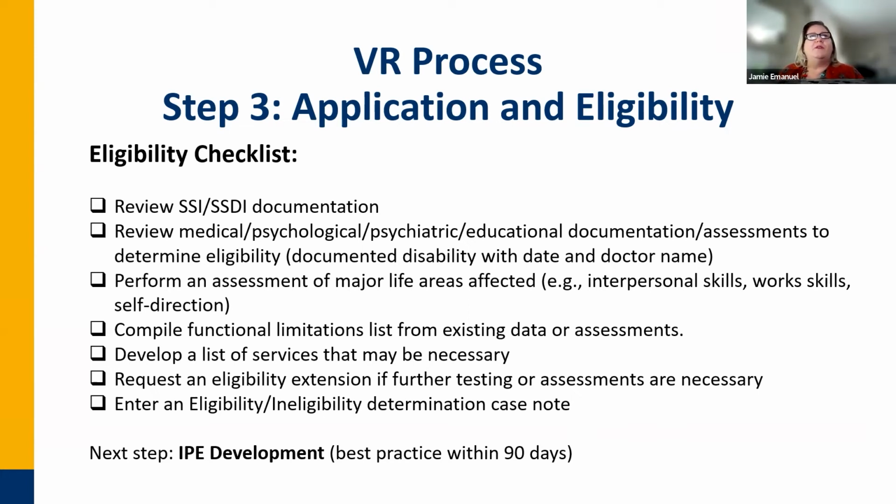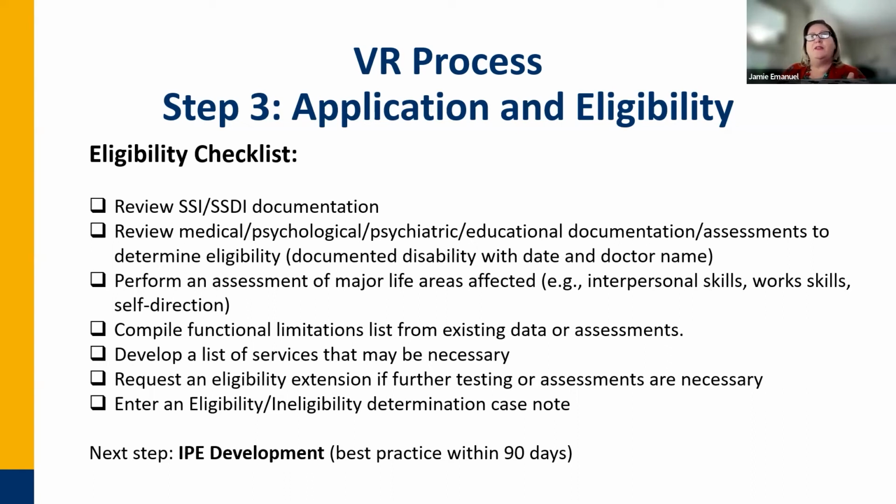Perform an assessment of major life areas affected. For example, you're going to assess this individual's interpersonal skills. Are they capable of holding a conversation or working with other individuals? What are their interpersonal skills like? What kind of documented work skills do they have? Have they ever worked before?